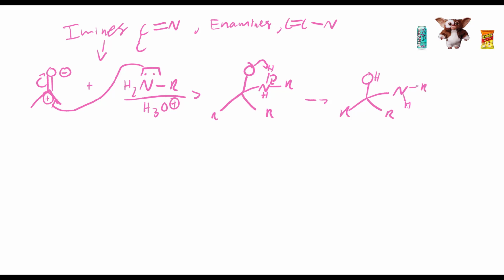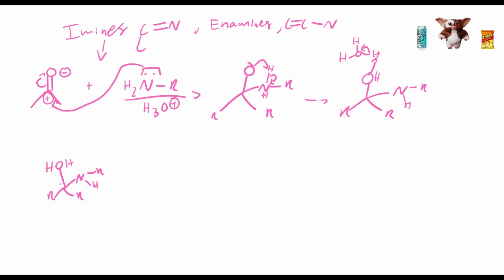Okay, and now we're going to be treating this with some acid. So what happens if I had some hydronium? You can probably see what I'm going to do. This acid donates a proton, and this oxygen picks up that hydrogen, making it into water. Right there. Then nitrogen, R, and then a hydrogen.